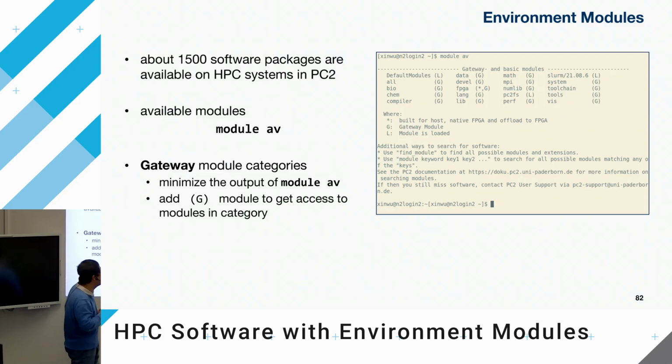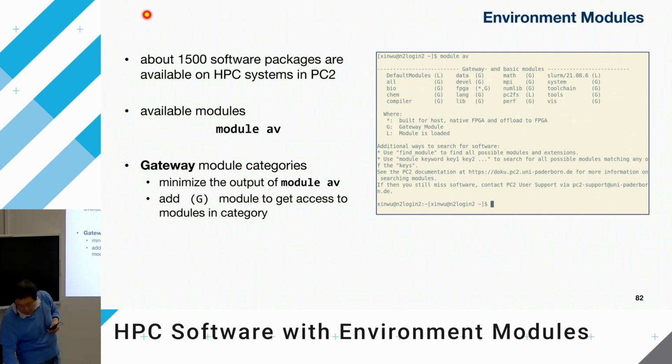And then you will see, for example, software belonging to chemistry or compilers, FPGA development or libraries, etc. This minimizes the output of the list of 1,500 packages, and also makes it easy for you to focus on just the modules that are useful for your research area.